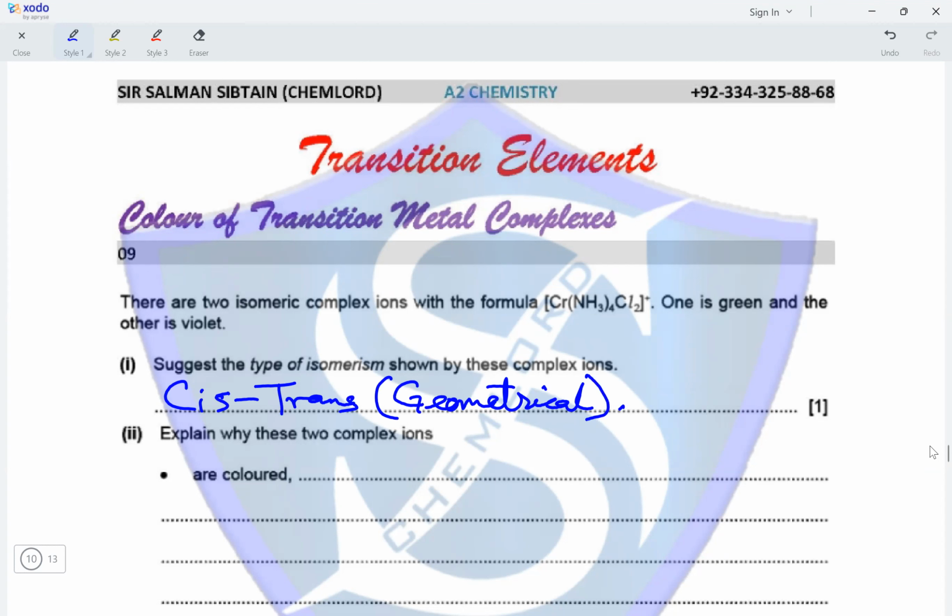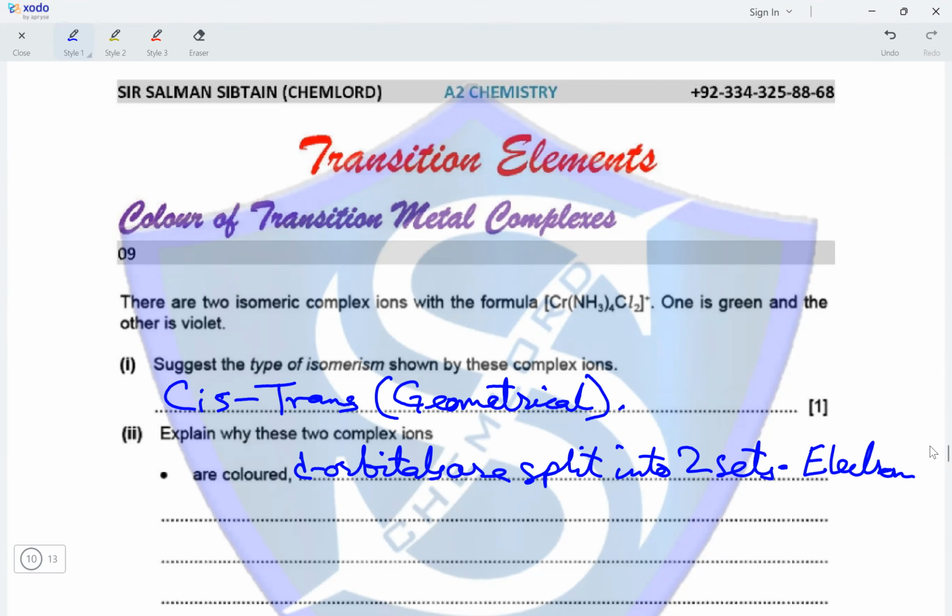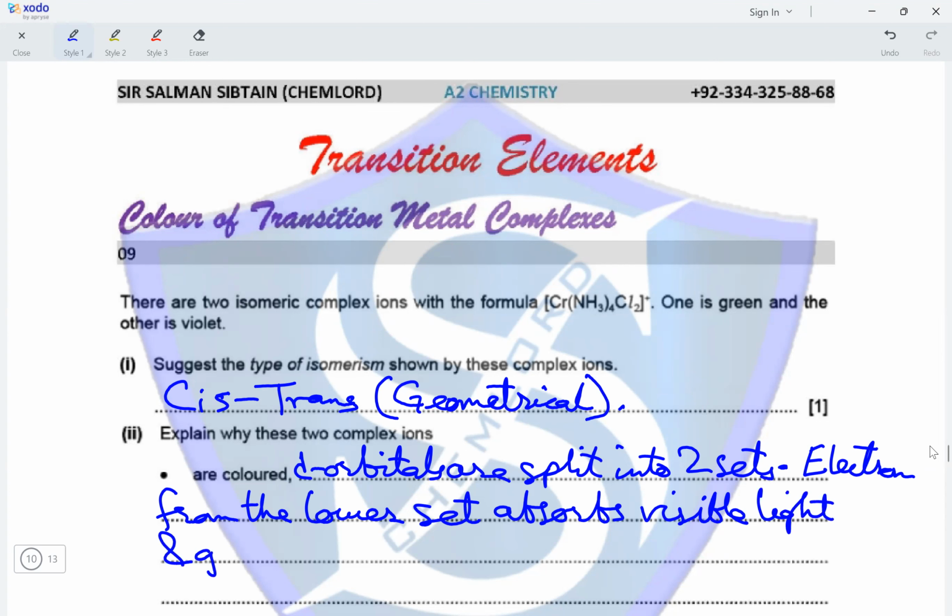Next, explain why these two complex ions are colored. D orbitals are split into two sets. Electron from the lower set absorbs visible light and gets promoted.